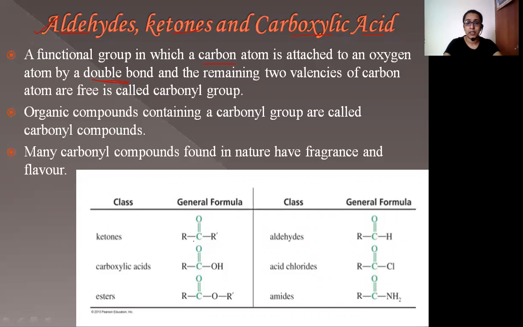Here you can see this is your carbonyl group, where carbon atom is attached to oxygen atom by double bond. So this group is known as carbonyl group, and the remaining two valencies of the carbon are free. That means they can get attached to hydrogen, they can get attached to any alkyl group, or they can get attached to any aryl group.